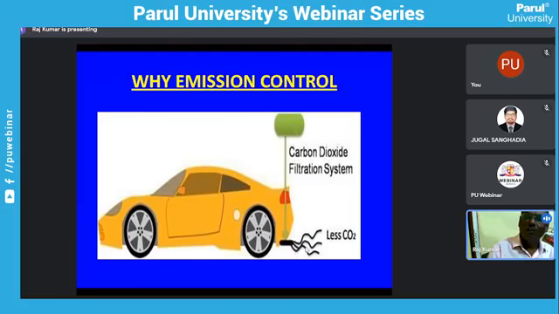Why emission control? Everyone wants to be comfortable. Everyone wants to use vehicles. But what is the side effect? What is the ill effect? No one cares.